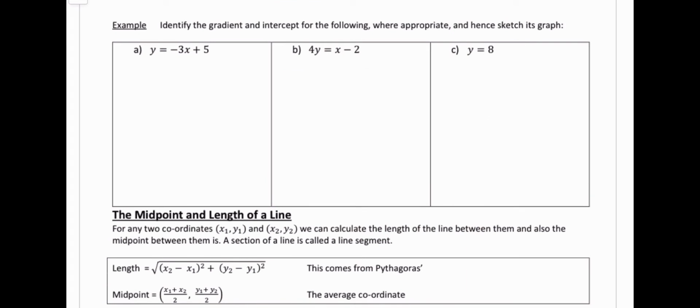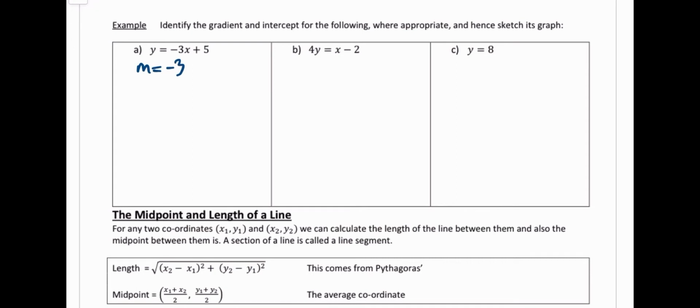This first example says, identify the gradient and intercept of the following, and where appropriate, sketch the graph. Okay, so first thing you want to do is remember y equals mx plus c is your general equation of your line. In this one, you can see your m is just the coefficient of the x, the number in front of the x once it's in that form.